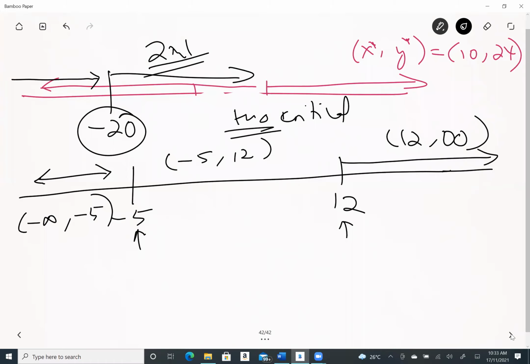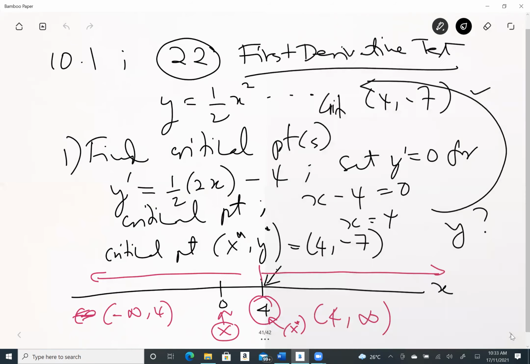Okay, you don't have to remember it. Just do the interval based on the critical point. Okay. All right. So now you do the tabulation, and then you take one test point.